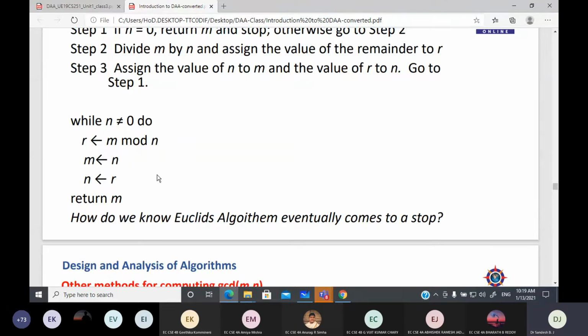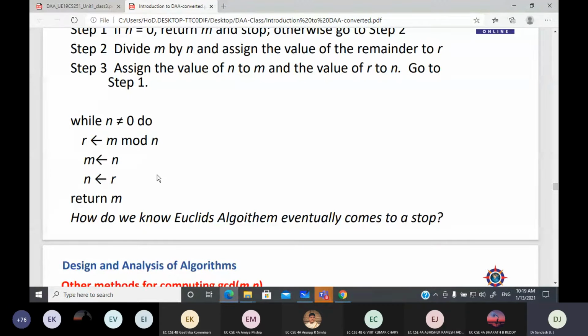Just as with many other problems, there are several algorithms for computing the greatest common divisor as well. By definition, we know that the greatest common divisor of m and n is the largest integer that divides both numbers evenly.